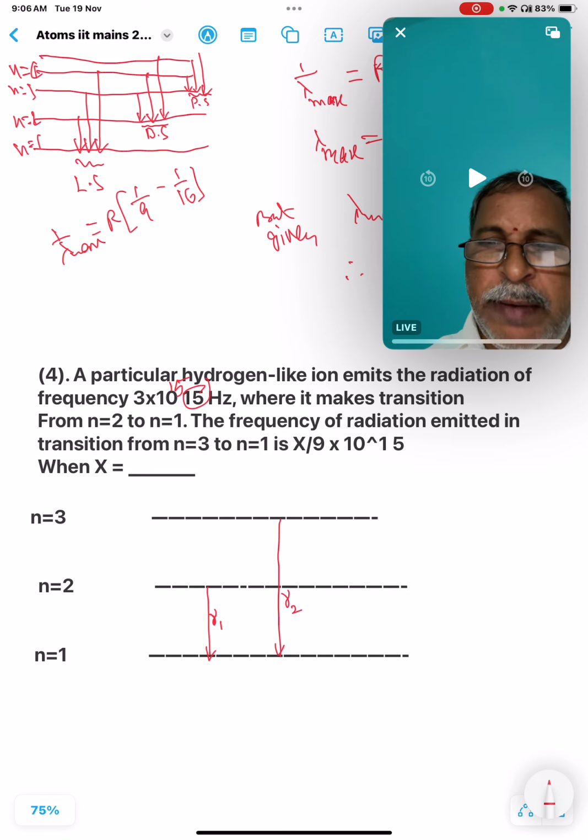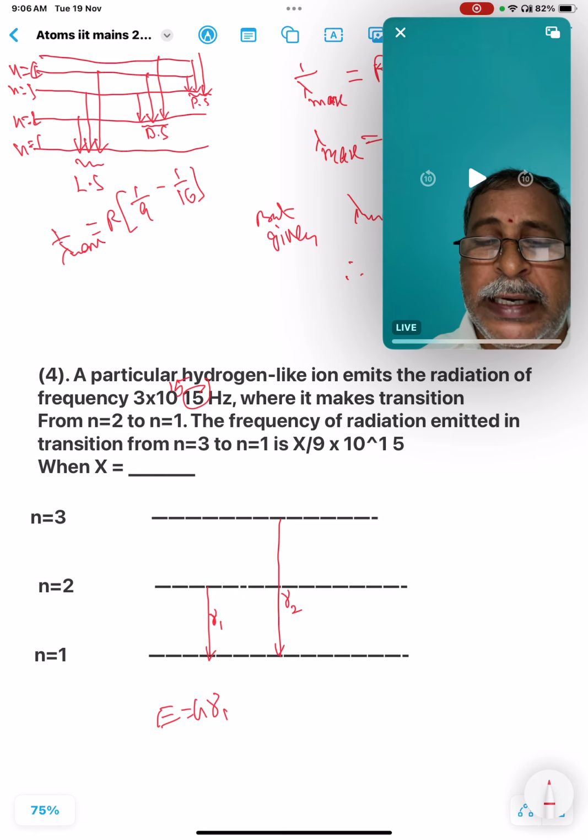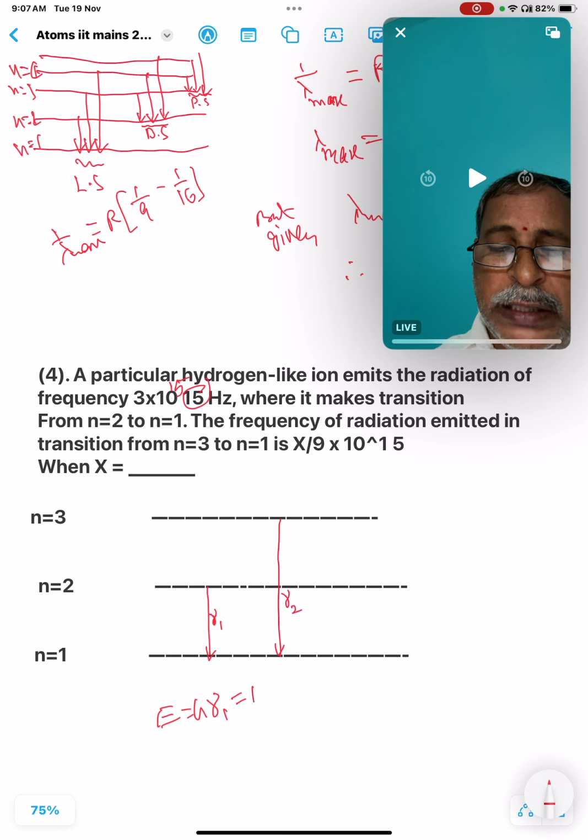So, if an electron jumps from the second orbit to the first orbit, the corresponding energy gap is nothing but E equal to h nu 1, the energy released from the second to the first orbit. There is a formula for this: 13.6 into 1 by 1 square minus 1 by 2 square, since it is jumping from the second orbit.